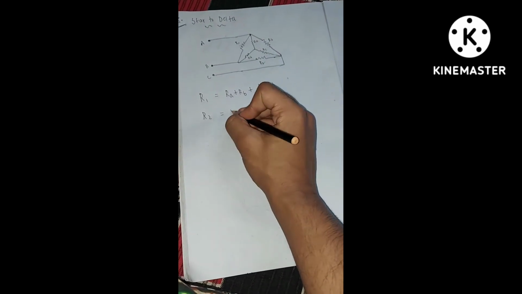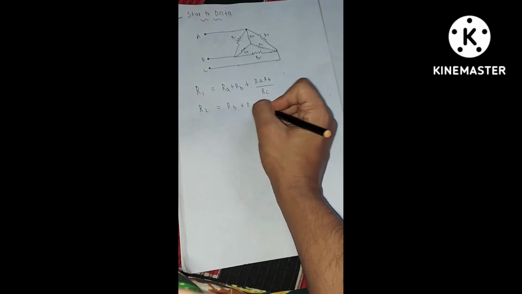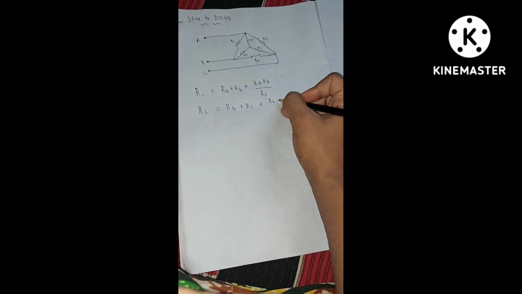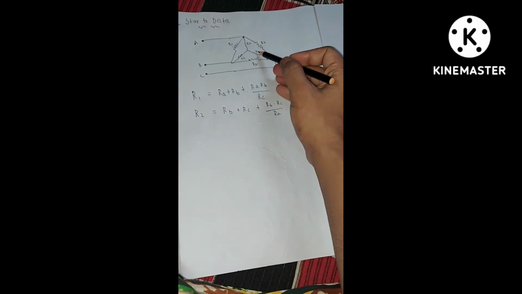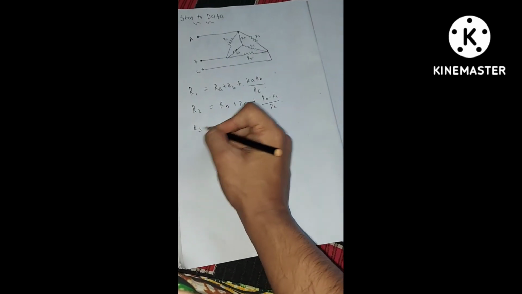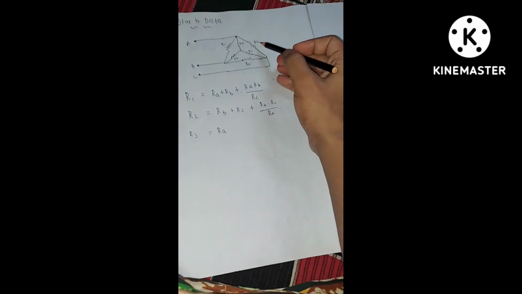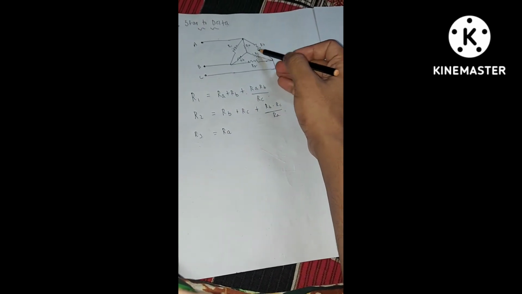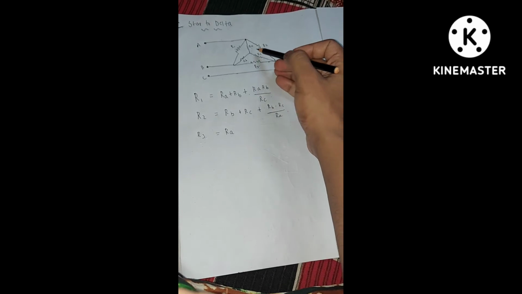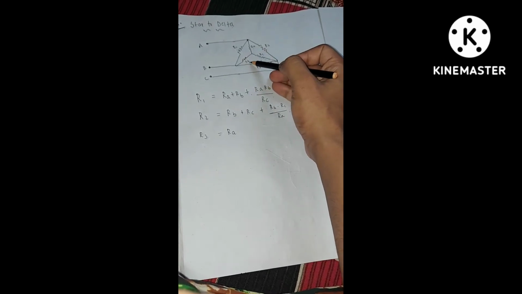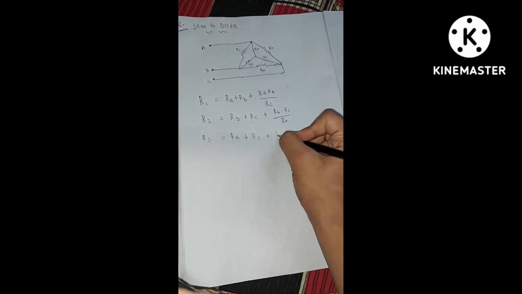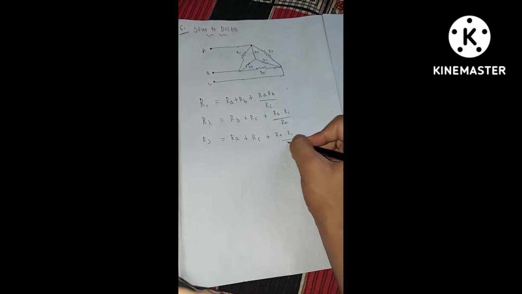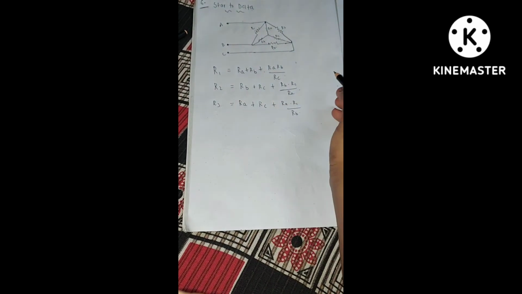Similarly, R3 will be equal to RA plus RC plus RA into RC by RB. Done. This was your star to delta conversion.